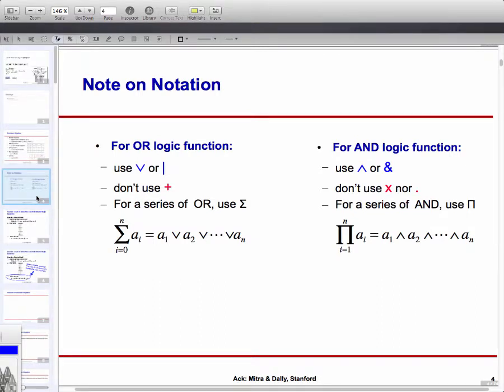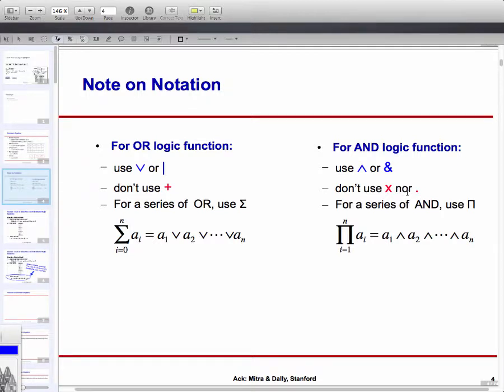Now, a note on the notation. As I was saying, I'm using the V shape for OR and a caret sign for the AND. You would also see that sometimes a vertical bar is used for OR, and sometimes an ampersand is used for AND. And that is also fine. In some places, OR is represented with a plus sign, and AND is represented with a multiplication sign.